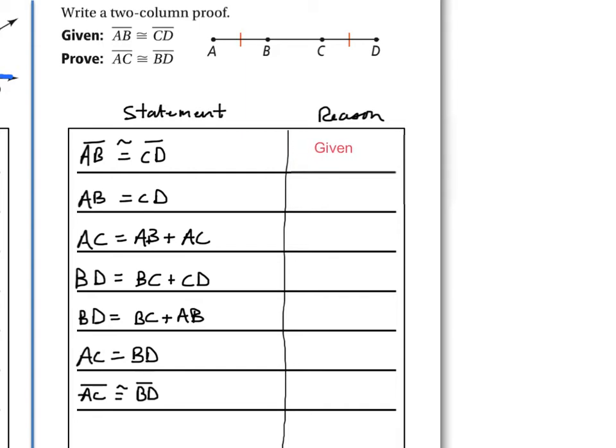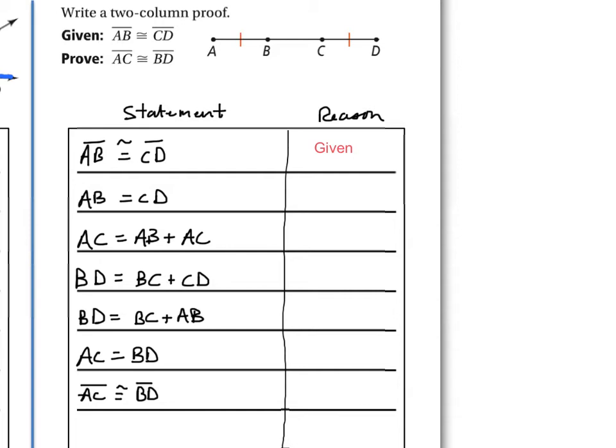First reason, given. Okay. Now, this is one thing we haven't talked about yet, and we're going to talk about this in class when you guys come in. And this is where we talk about your tool belt. If you'll look and see, on the second page we have the definition of congruent segments and the definition of congruent angles. That's what we're talking about here, and we're going to talk about that in class on Monday.